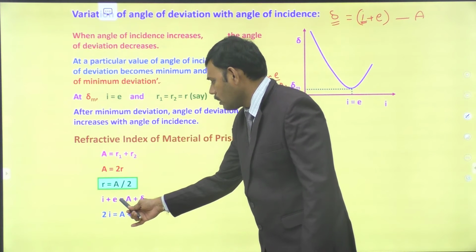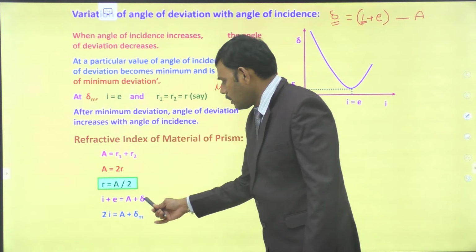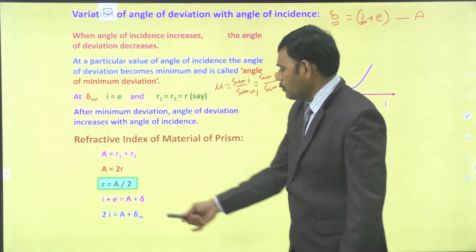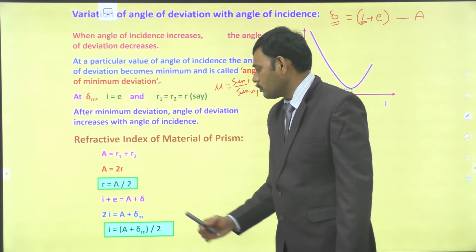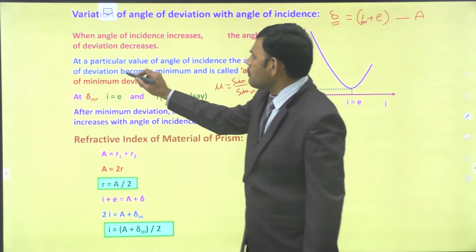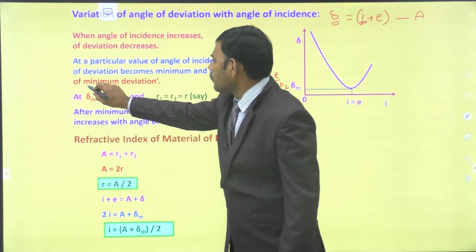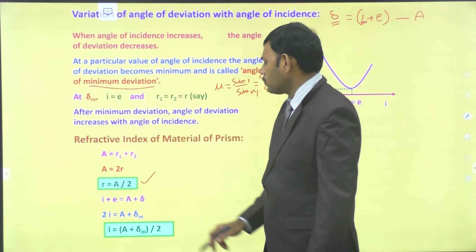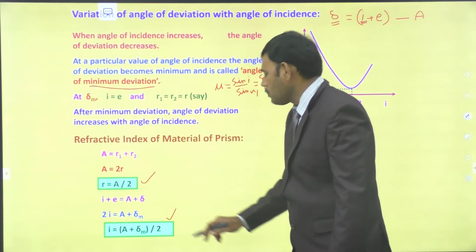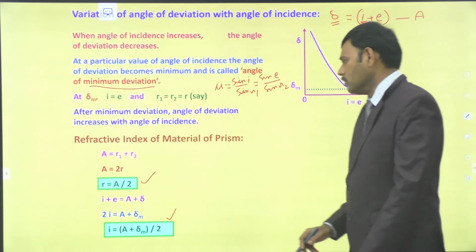I plus I is 2I, delta becomes delta m. From that, I is equal to A plus delta m divided by 2. So for the minimum deviation condition, we find R is equal to A by 2 and I is equal to A plus delta m by 2.